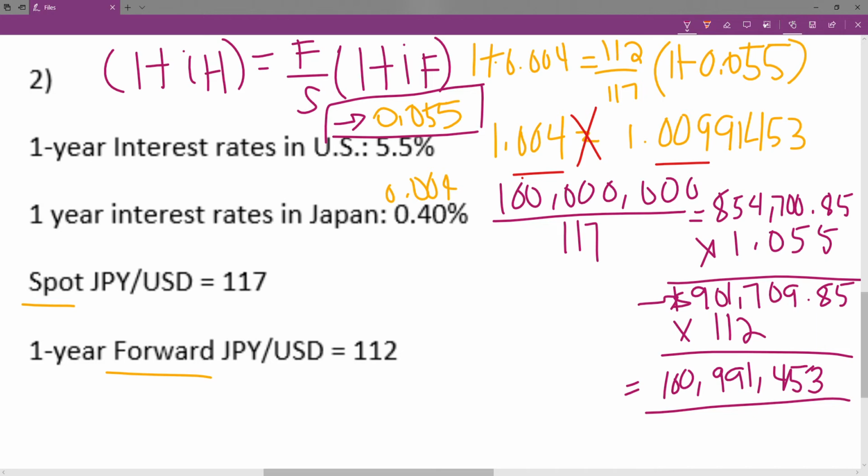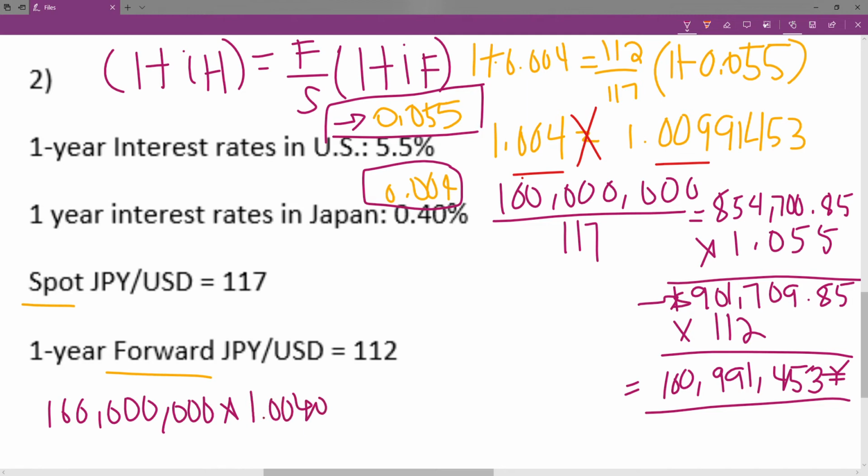So this is back at our yen here. Okay? So then we're going to do 100 million times our Japanese interest rate plus 1, so 1.0040, and then that's going to equal 100,400,000.